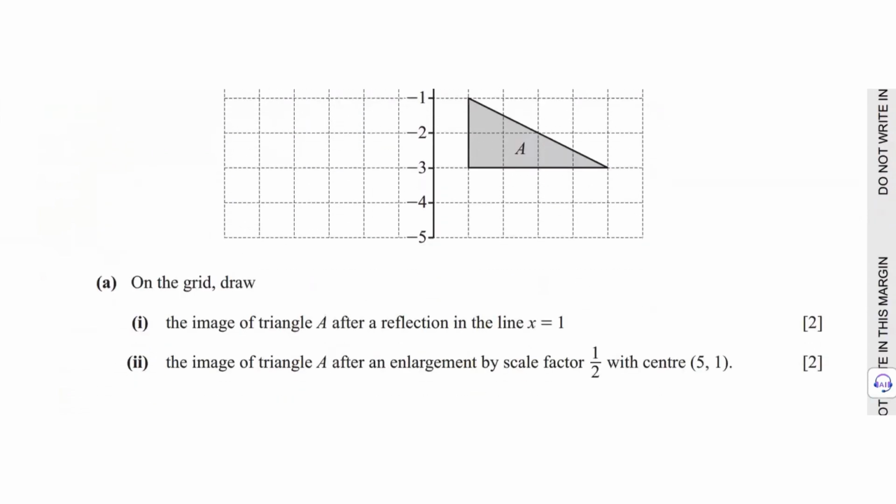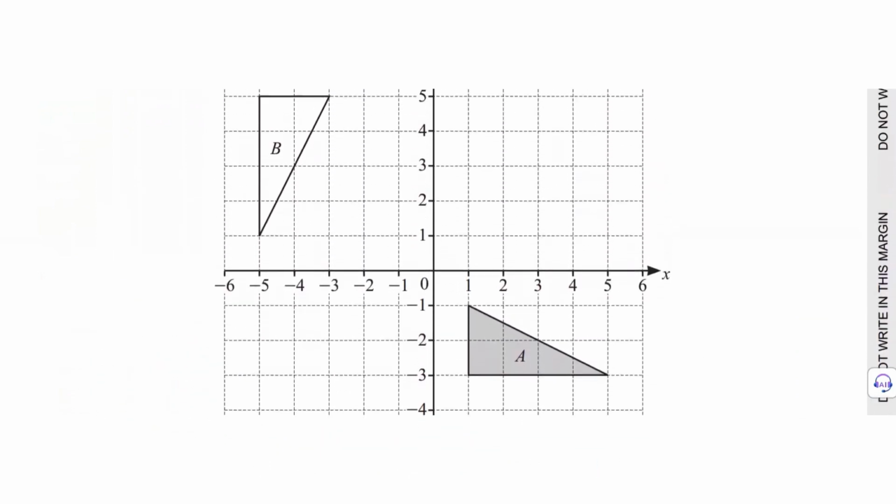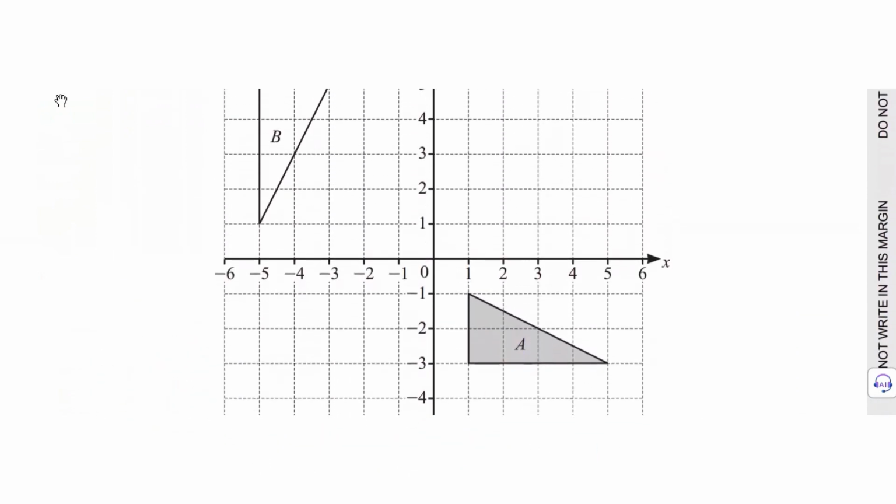For question 2, it says, on the grid, draw the image of triangle A after reflection in the line x equals 1. So x equals 1 is basically this line. And if we reflect the shape in this, it's going to be 1, 2, 3, 4.